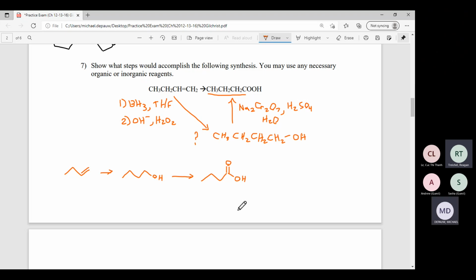Okay, so strictly speaking, anytime you have a double bond, you could use BH3 THF, but there's no reason to use BH3 THF unless you want a less highly substituted alcohol. In other words, if the double bond is in a position where one side is more highly substituted and the other is less highly substituted.